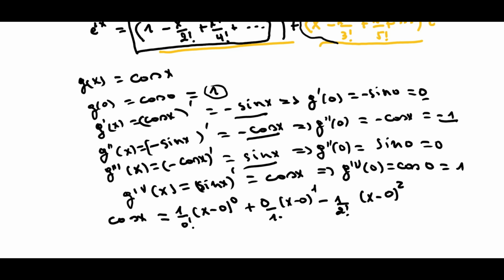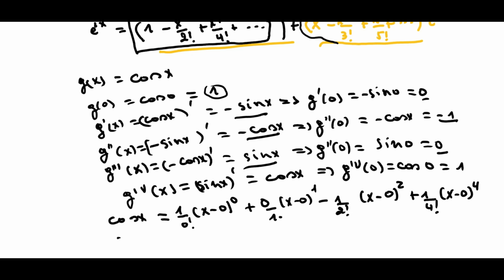The third one is 0, I don't need it. Then the fourth one will be plus 1 over 4 factorial times (x minus 0) power 4.